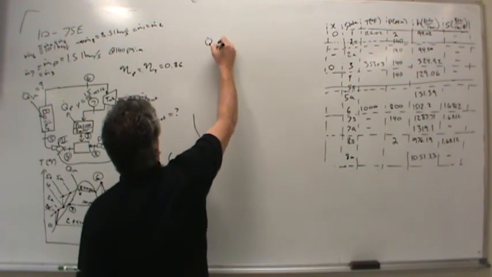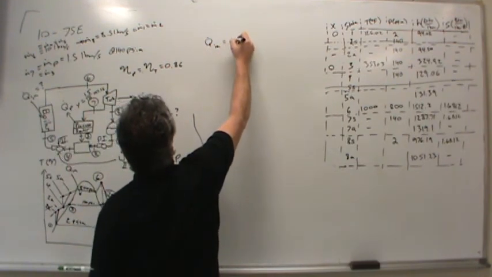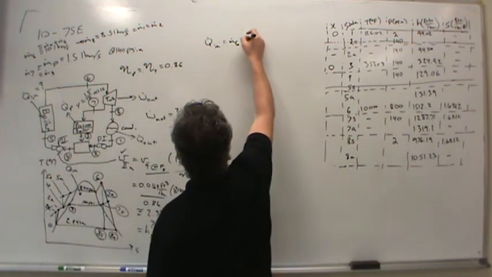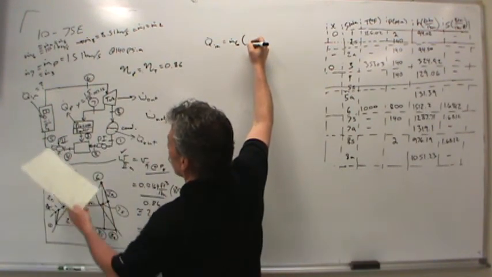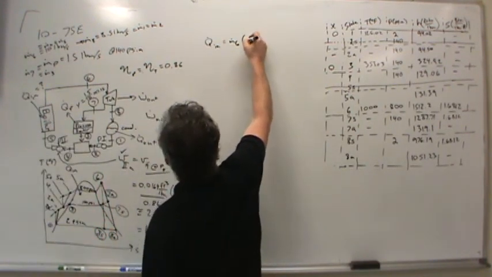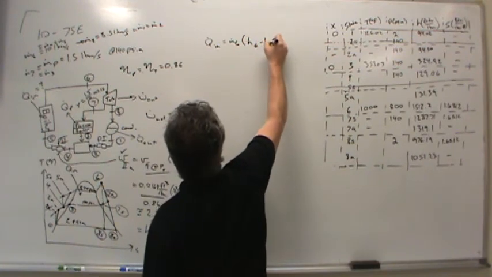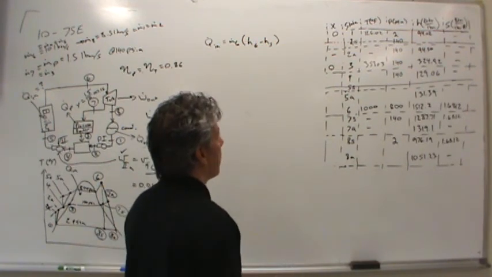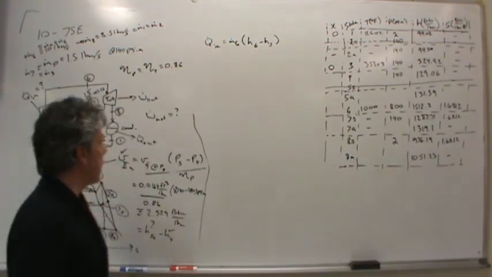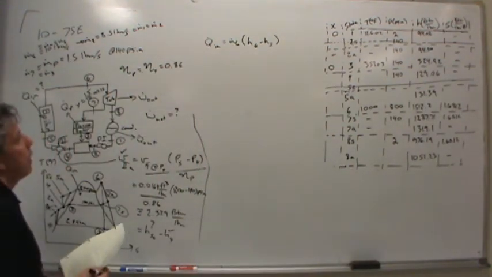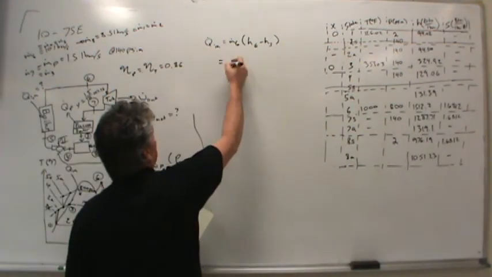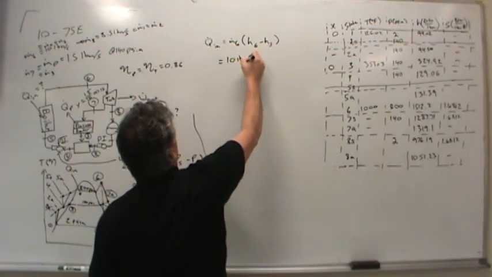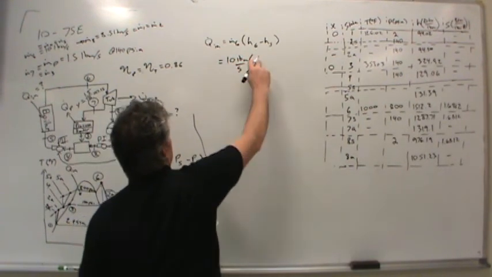For example, Q dot in would be the mass flow rate through state 6 times the enthalpy change across the boiler. And that's pretty easy, right? So that would be H6 less H5. So I certainly need H6 and H5, and I'm going to need the real state 5 actual, right? I've got all those numbers, so I can plug in and find the heat flow rate in.